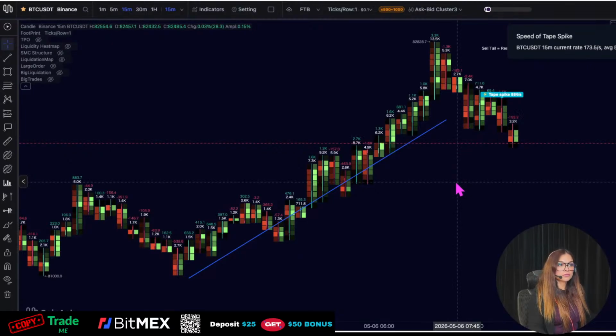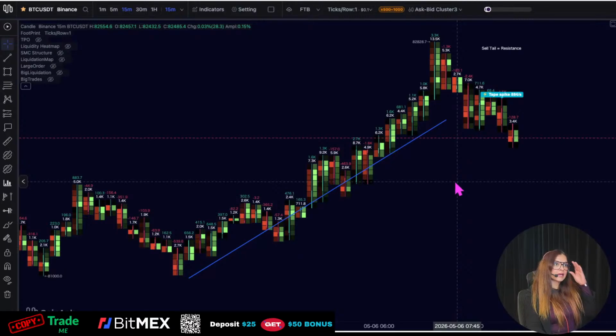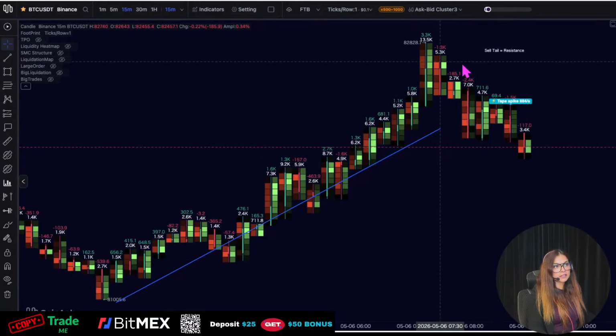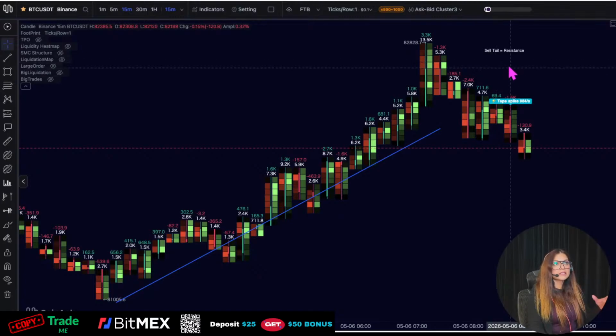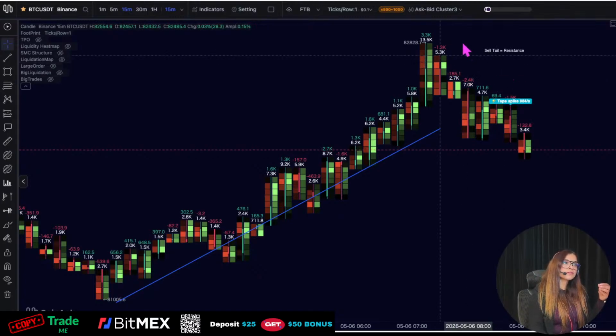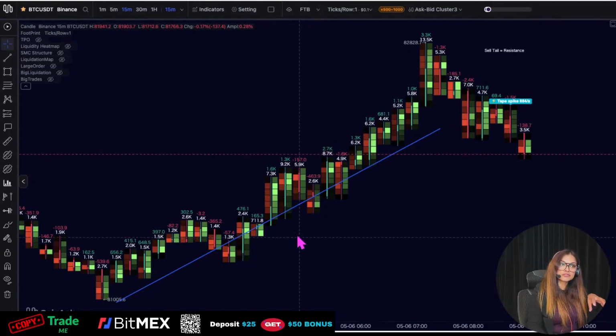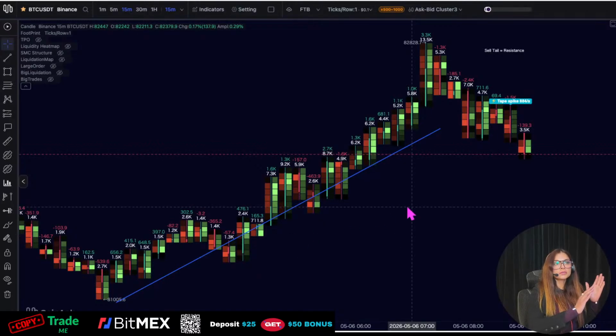Now, what we look for with delta is divergence or some kind of absorption, meaning that if there is a lot of positive delta up here and price is refusing to go higher, that means there is absorption. If there's a lot of negative delta at the bottom and price is refusing to drop further, that means there is absorption. So there is no result as per effort for the delta.